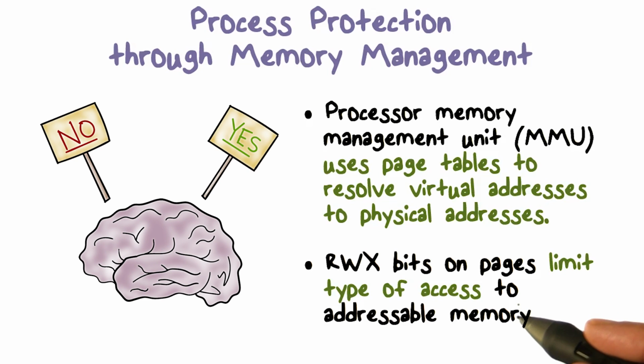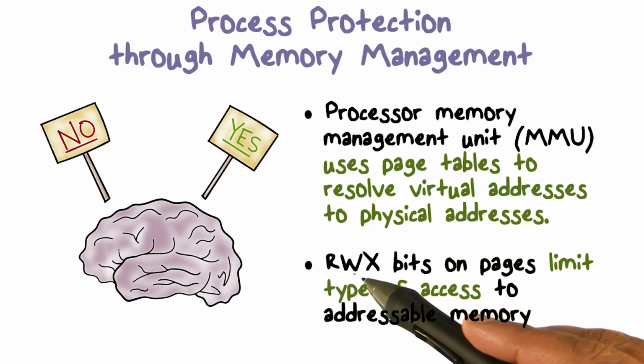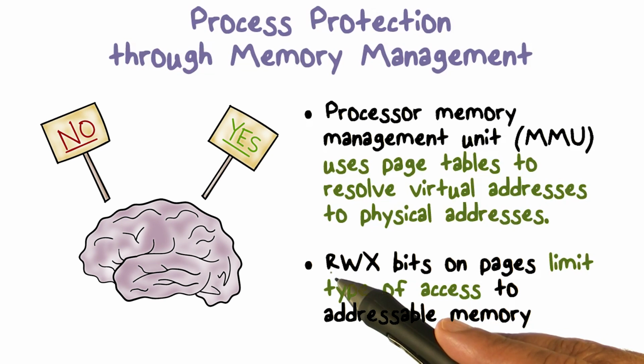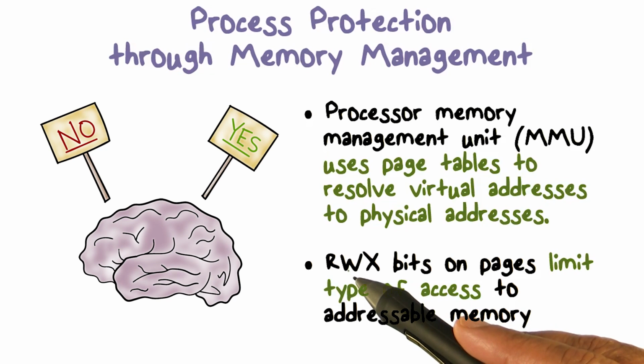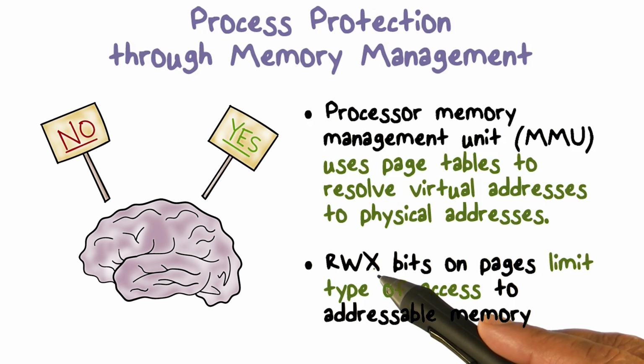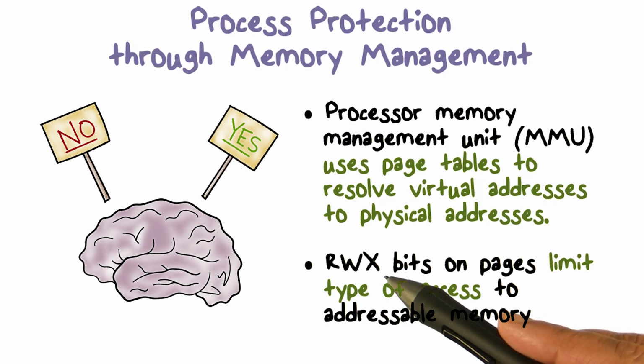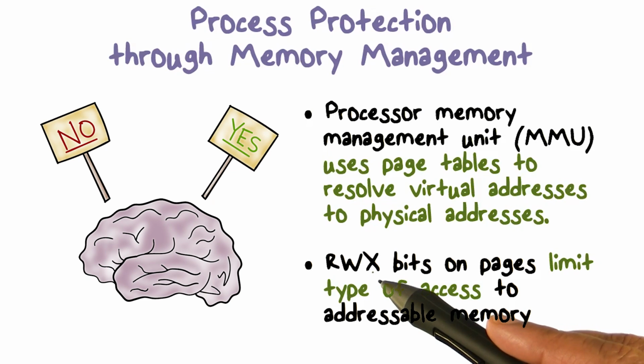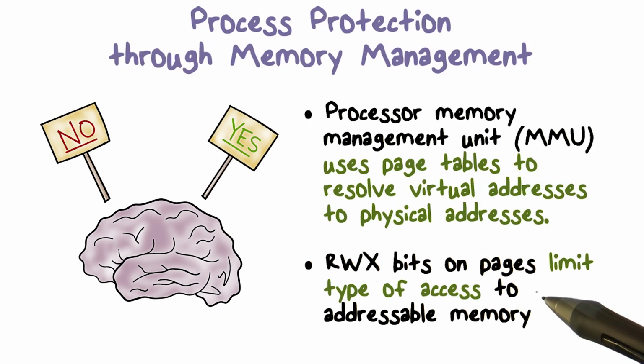We can, for example, have whether this page that we're trying to access is for reading only, for writing, or for execution only, in case it happens to contain instructions or code. So you can actually have this kind of protection information on these pages in the page table entry that can limit the type of memory access you can do.